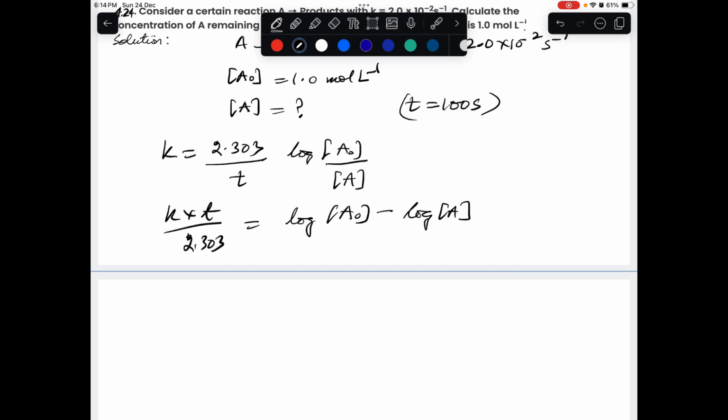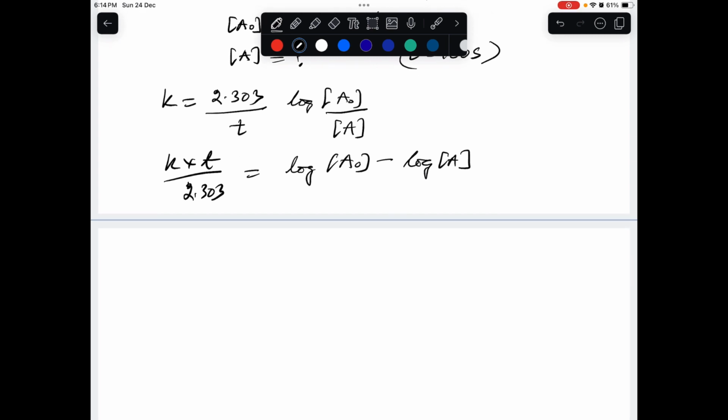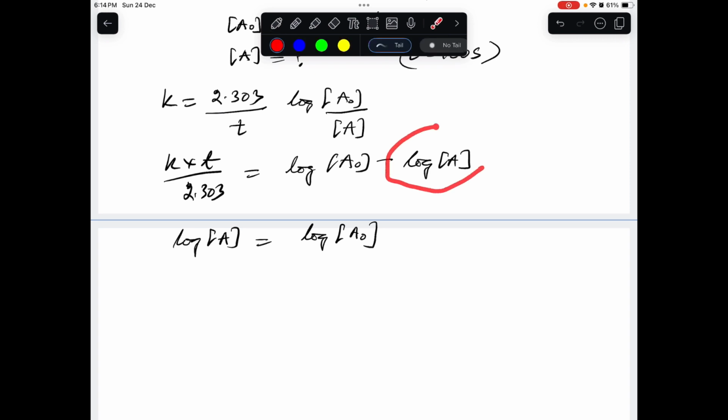And we have to calculate here log A. So therefore log of A is equal to log of A naught. Okay, and this term on the right hand side is negative, so it will be positive on the left hand side, while this term when we bring it to the right hand side will be negative. So here we'll have minus K into T divided by 2.303.